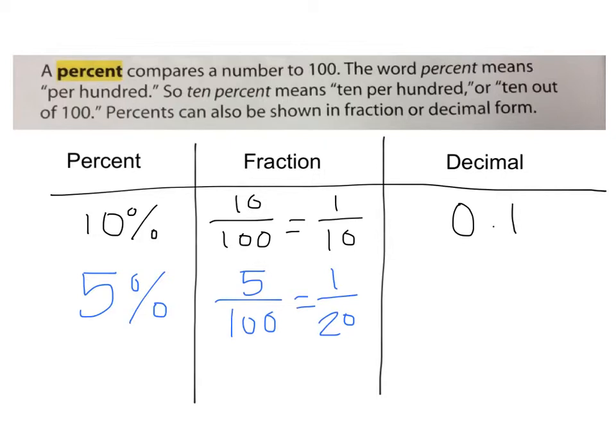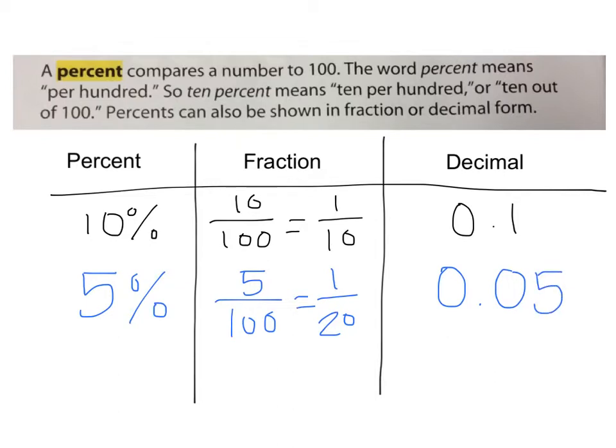What's the decimal form? If I have 5 100ths. Do I have anything in the ones place? Do I have any digits in the ones place? No. Okay. Are there any tenths? No. Are there any hundredths? Yes. 5 hundredths. How many hundredths do I have? 5. So what's the decimal form? 0.05.